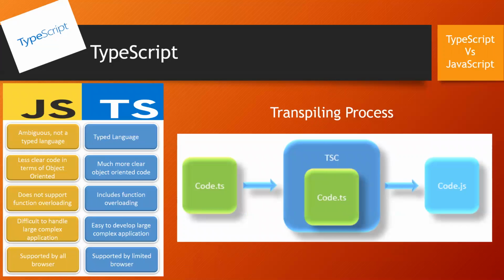But there are some advantages of using TypeScript if we compare it to JavaScript. If you see the difference on the left side, JavaScript is ambiguous. But TypeScript is a typed language. Typed language means it defines the data types clearly. JavaScript has less clear code, but in TypeScript, you can write much clearer code, which is object oriented based.